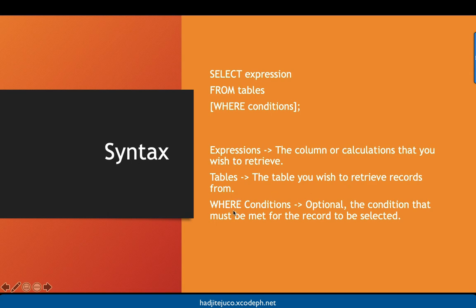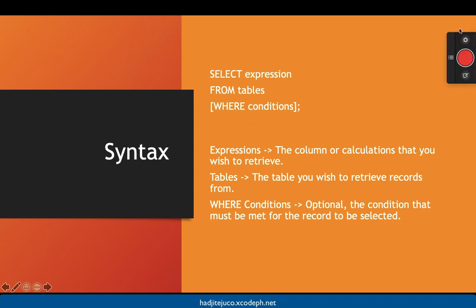And then last is the condition. This is optional. When we say condition, this must be met in order for us to retrieve the data. Technically, this is the syntax that we use in retrieving data in our Oracle database.